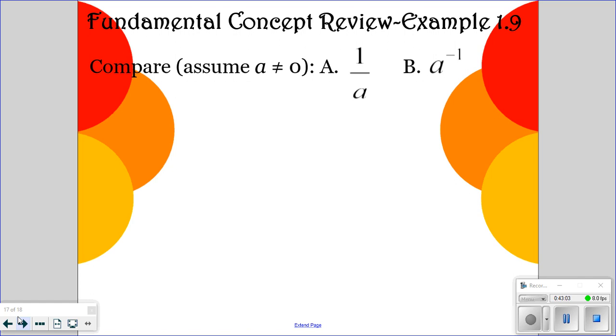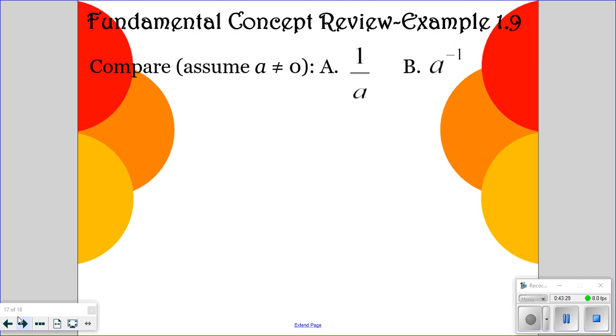B is if B is bigger. So is 1 over A bigger? Then it would be the answer A. Is A to the negative 1 bigger? Then the answer would be B. If they are equal, the answer is C. And if there is not enough information to tell which one is bigger, then the answer is D.